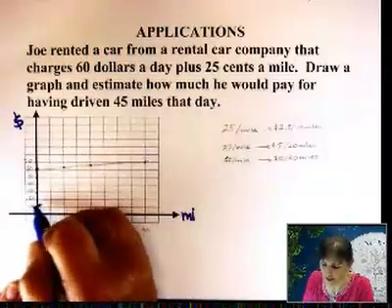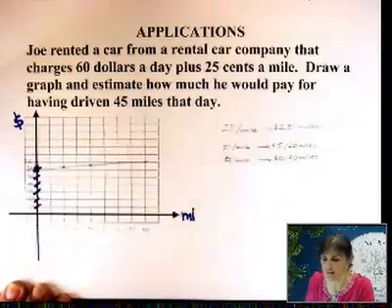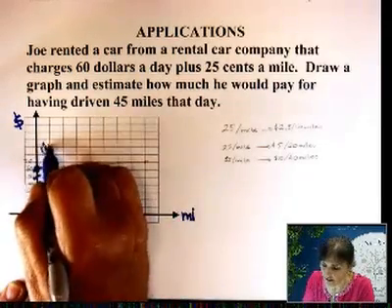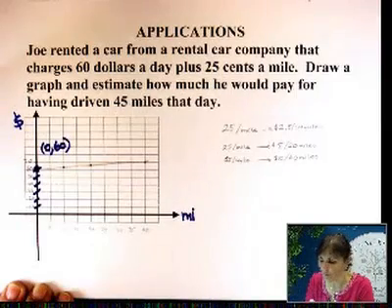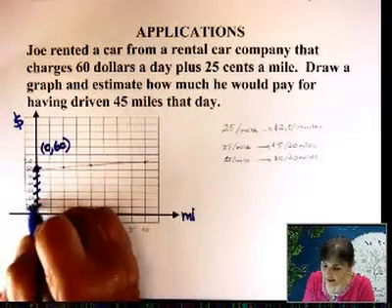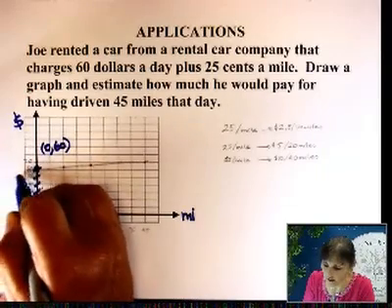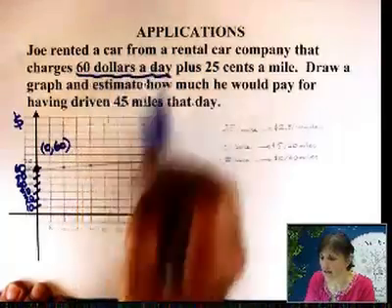So let's go 10, 20, 30, 40, 50, 60. So at 0 miles driven, he still has the 0, 60 situation. This is my y-intercept, remember? So that takes care of the $60 a day.